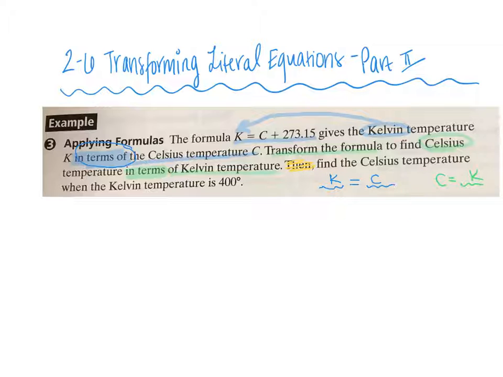Then I need to find the Celsius temperature when Kelvin is 400. So this is asking me to do a third step where I need to find what C is if K equals 400. Okay, let's break this down one by one.